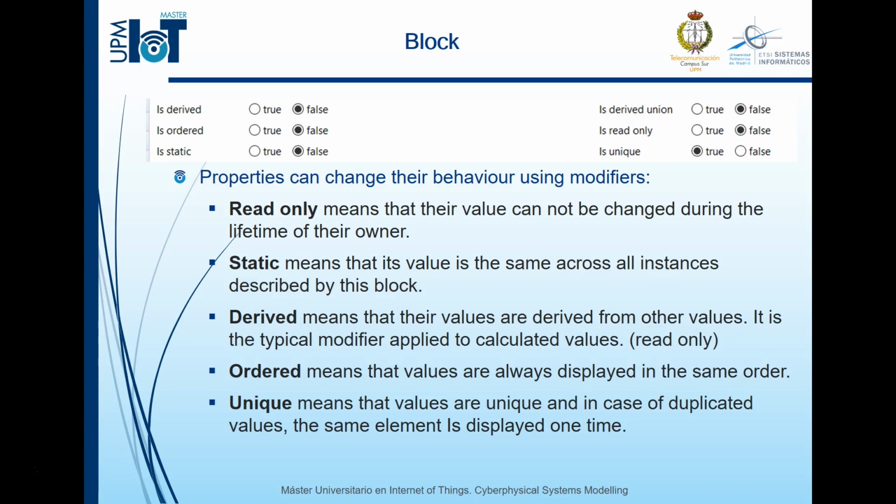Static means that that property has the same value in all the instances of that block. Don't forget that you are building different diagrams, and you are including the same class several times. Maybe you are using the property in different places and in different diagrams in the project.